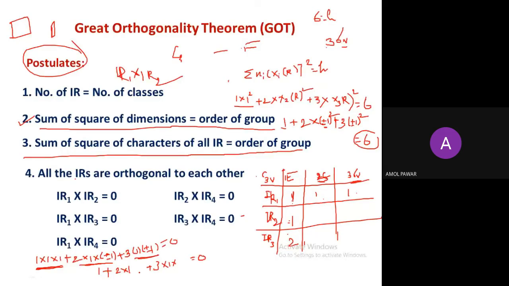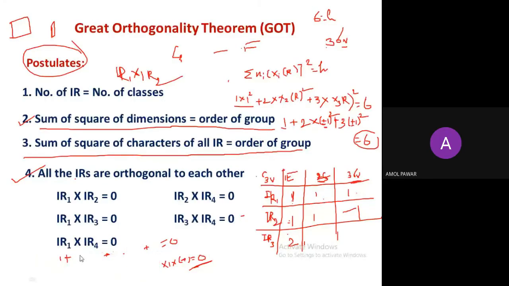So which value I have to put here, then I will get 0? See, 1. Yes. If I write here plus 1 and here minus 1, correct, then I will get 0, and this 0 satisfies the fourth postulate or fourth rule, correct. Then 1 and minus 1. Understood? Yes, sir.